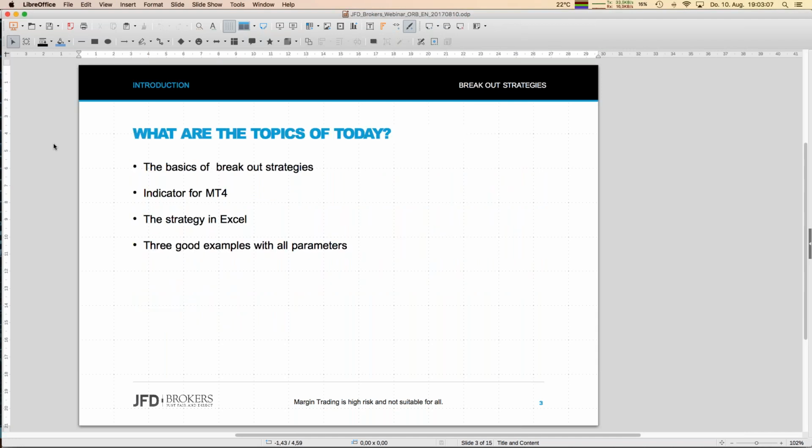So what are breakout strategies about? First I want to show you some real basics of that kind of strategy, because it's a setup with different variants, but therefore we first have to focus on the real basics. Why do we trade them? How do we define breakout strategies?